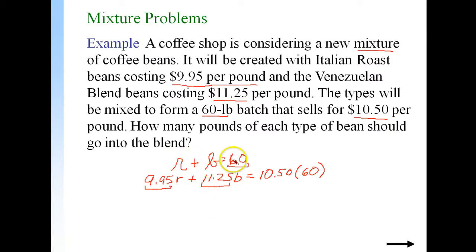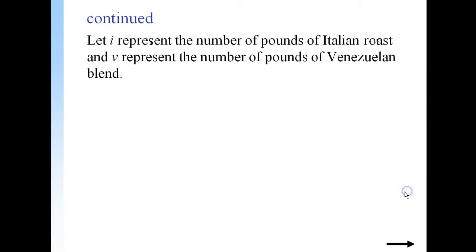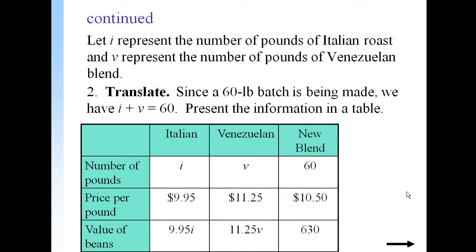Okay, now you can use substitution. Here probably is the better one because we have some decimals. Now remember, you can do this to the decimals. Just multiply every term by 100, and then you get rid of all the decimals. No more decimals, okay? The answer is going to come out the same. So there's our basic chart if you want to set it up. This is going to be the 1050 times 60 is this.